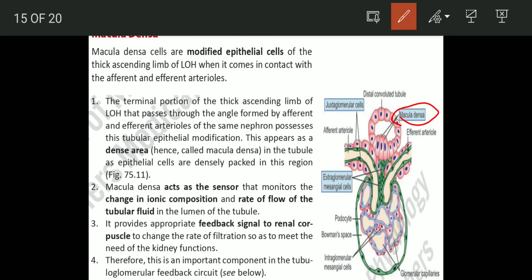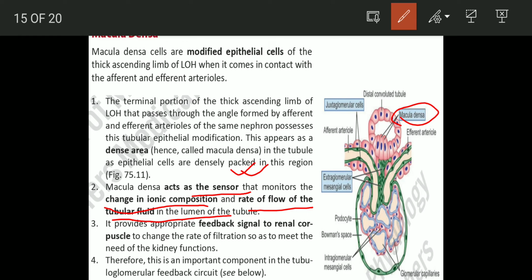These will act as sensors. Very, very important: whenever there is a change in the ionic composition or the rate of flow of the tubular fluid, the macula densa will sense it and play a very important homeostatic role, so that homeostasis is maintained back to normal.